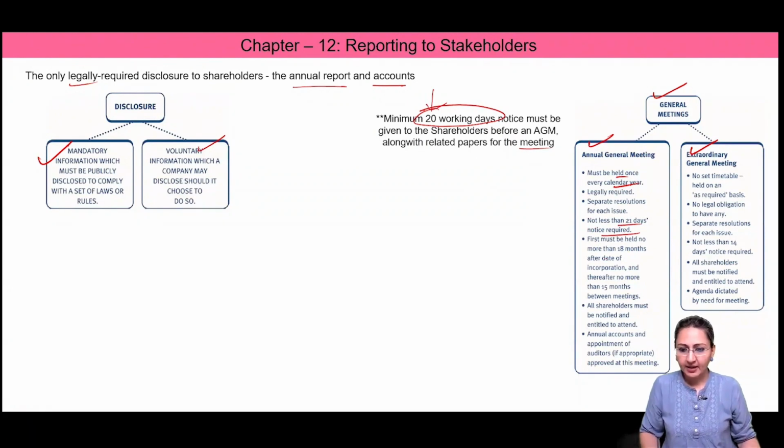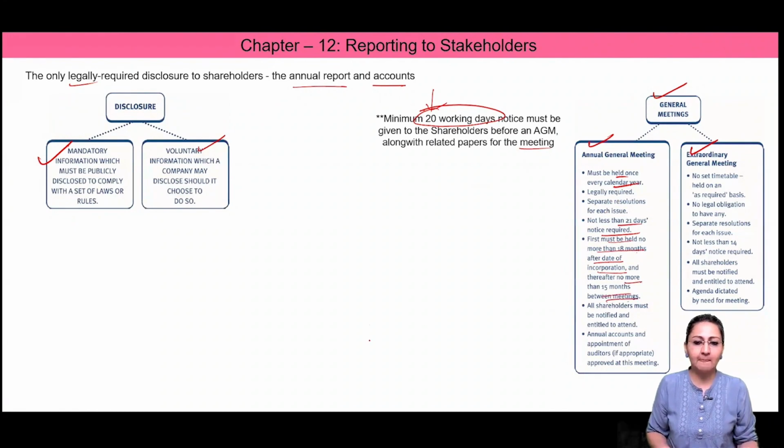Okay. Then comes the first AGM, which must be held no more than 18 months after the date of incorporation and no more than 15 months between meetings. It means if the company has just been incorporated, the first AGM must happen within 18 months of its incorporation. Between 2 AGMs, they can have a gap of maximum 15 months, not more than that.